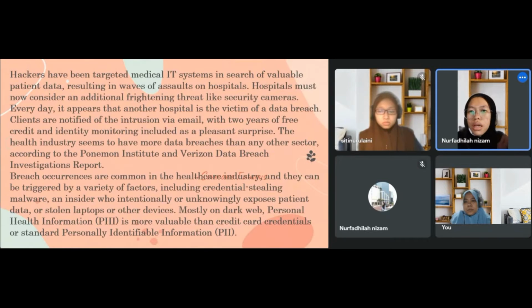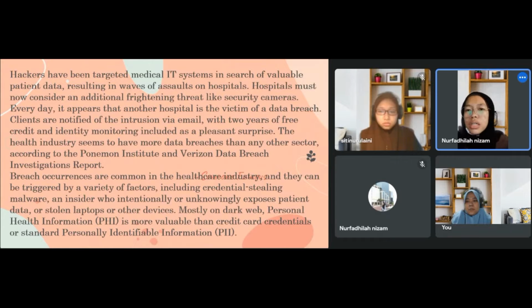Introduction. Hackers have targeted medical IT systems in search of valuable patient data, resulting in a wave of assaults on hospitals. Hospitals must now consider an additional frightening threat, like security cameras.